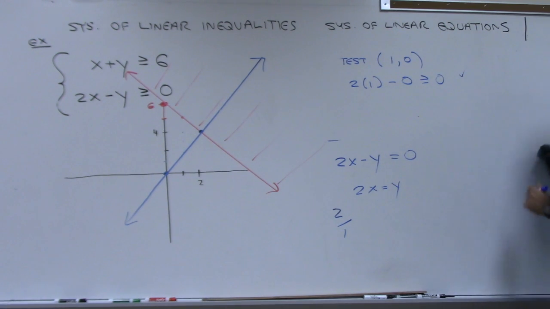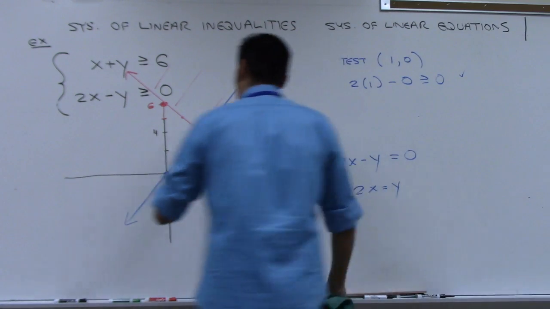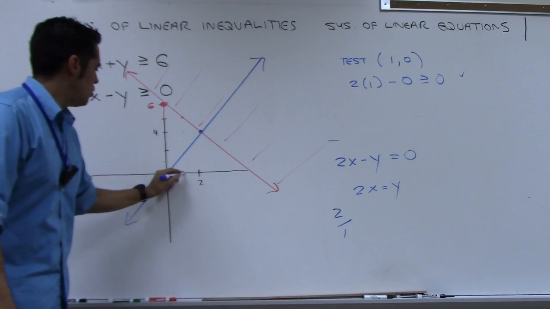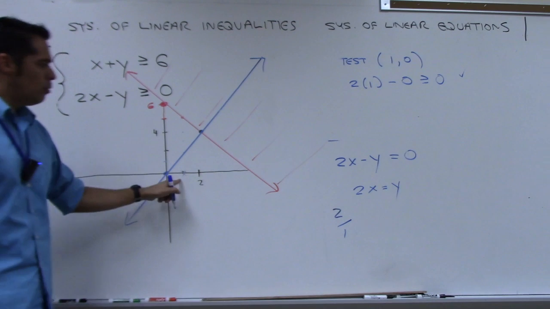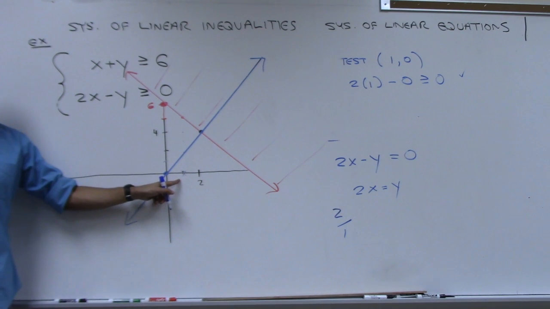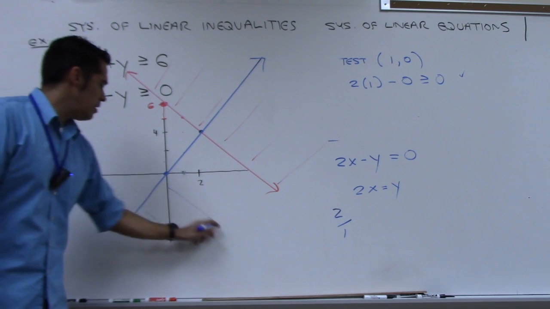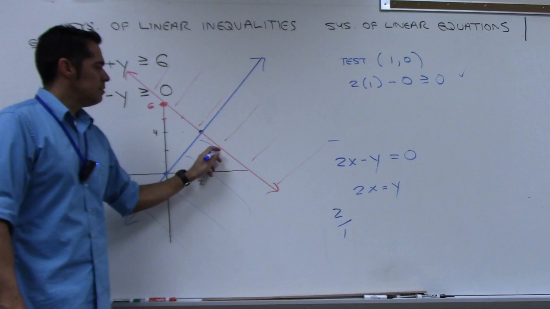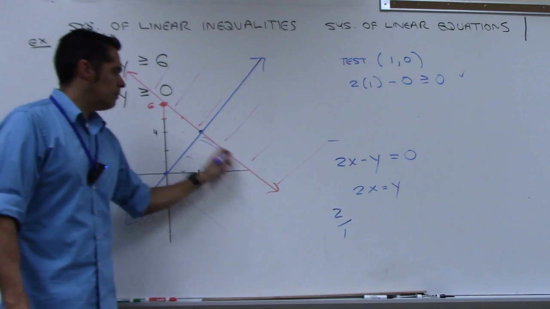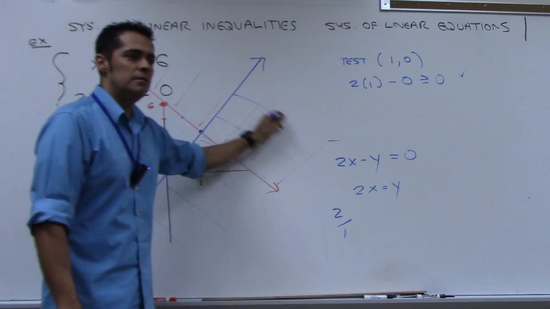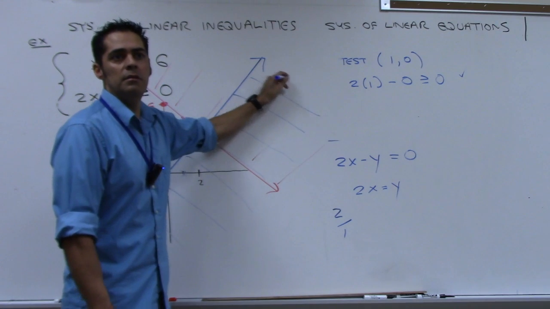Yes? So this point that I tested, 1, 0, worked, right? So I'm going to shade everything on this side of the blue line. Everything on this side of the blue line. Right? Everything.